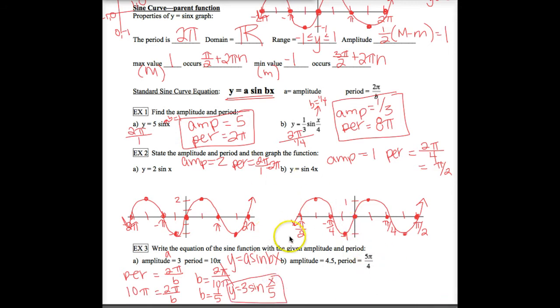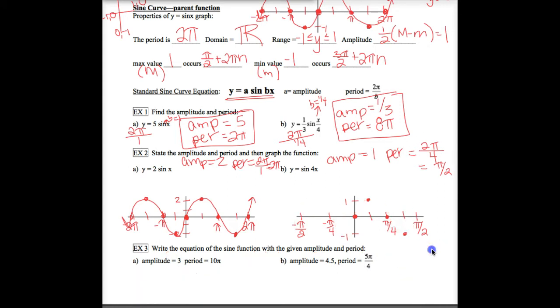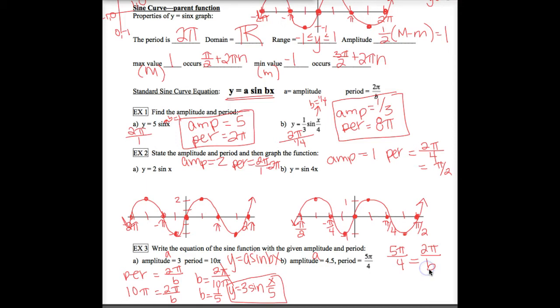All right, last one. Amplitude, which is my a, is straightforward, given to me. Period. Again, I set this equal to period equals 2 pi over b. Now this one, because the period is a fraction, I think that these ones are easier to solve using proportions, but you can certainly make your own choice. So 5 pi times b equals 8 pi.